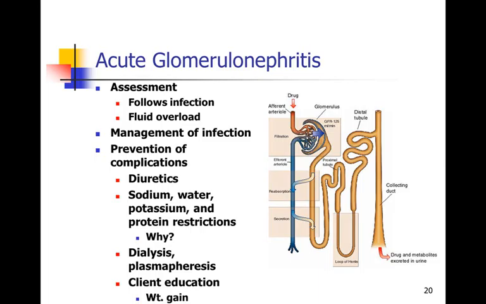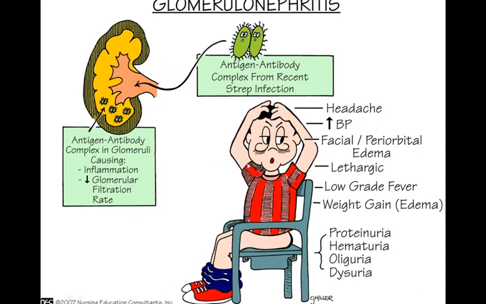So you need to ask your patient if they have any history of a pharyngitis or tonsillitis, usually about 2 to 3 weeks before all the symptoms start appearing. An antigen-antibody complex forms, and the body actually starts to attack the glomerulus. So this is an autoimmune disease.